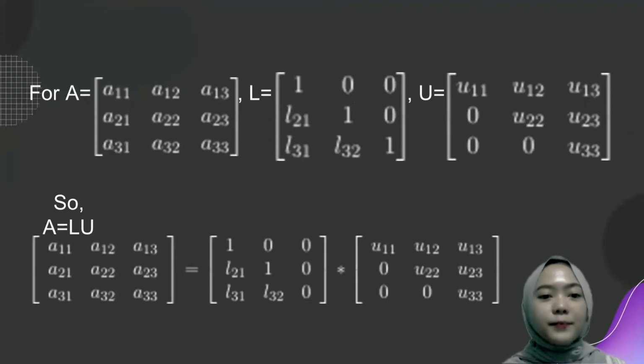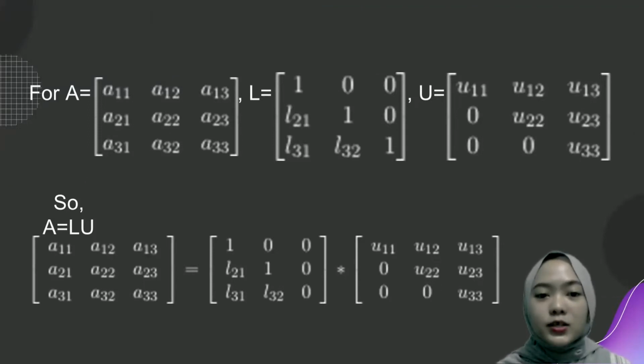So there are matrices A, L, and U. The matrix L will be the product of the first vectors of the matrix A, and the matrix U will be the second vectors. Matrix L is called a unit lower triangular matrix.